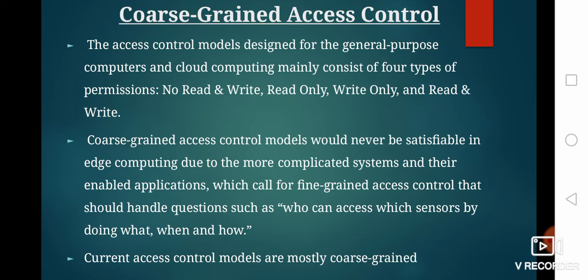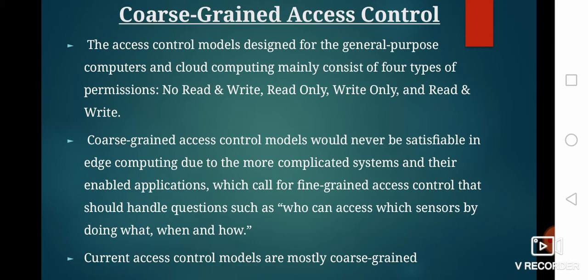Next is the coarse-grained access control. The access control model designed for general purpose computers and cloud computing mainly consists of 4 types of permissions: none, read only, write only, and read and write. Coarse-grained access control models would never be satisfiable in edge computing due to the more complicated systems and their enabled applications.